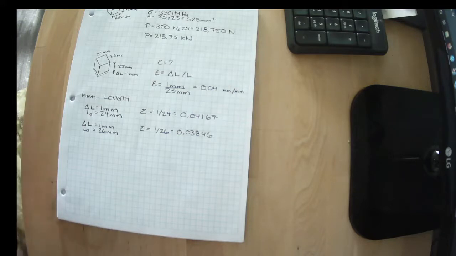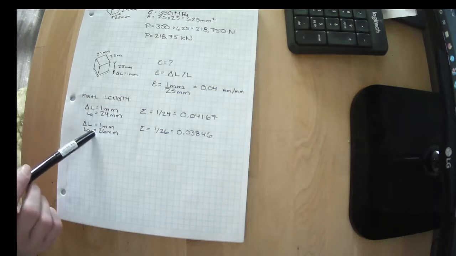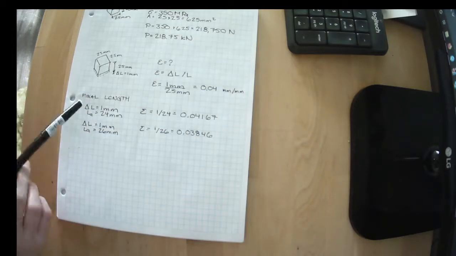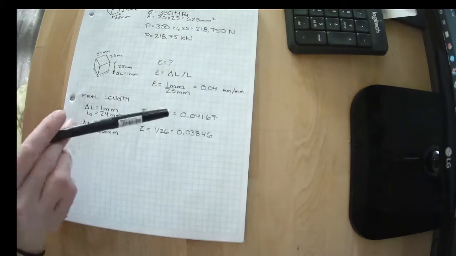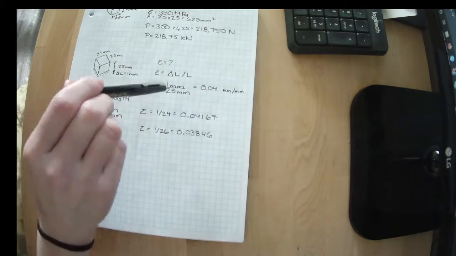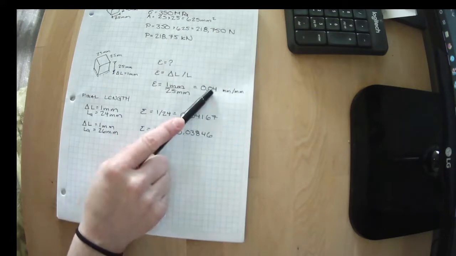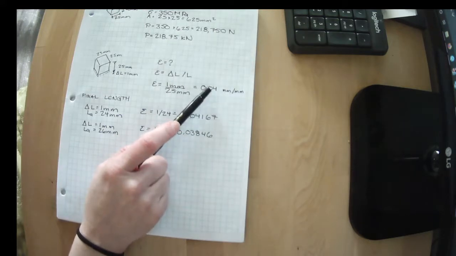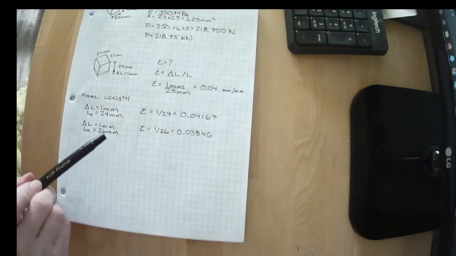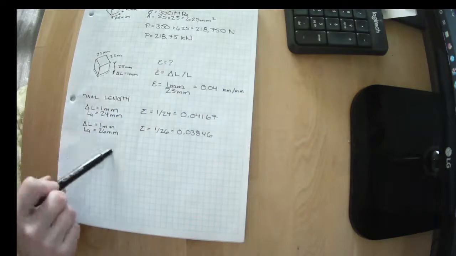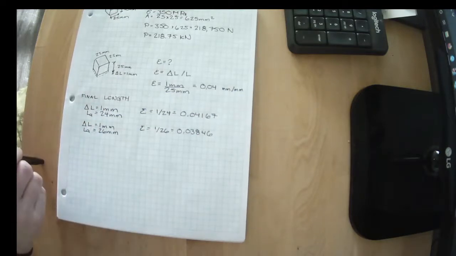But the thing that has the most telling impact is that if it's tension versus compression, it has a doubling impact of what the difference is. So with this version, it doesn't matter if it's in tension or compression, our strain remains the same. That's the amount it would move dependent on the energy that's applied to make it move. With the final length, it makes a difference whether it's in tension or compression.